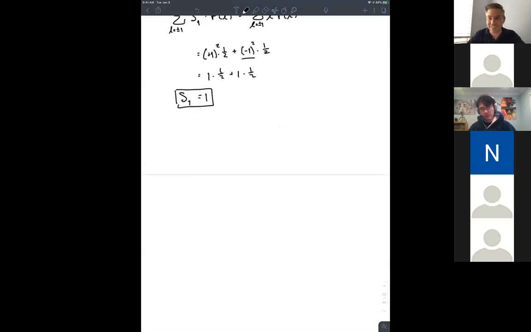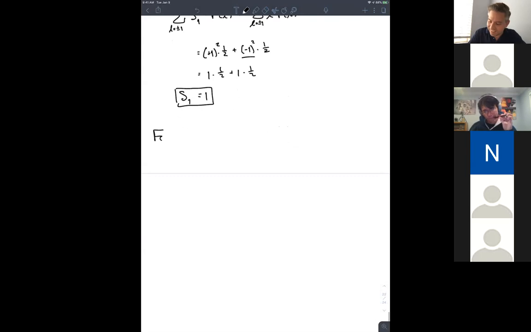So what are we going to do next? 2 coin flips. So now let's look at 2 coin flips. So for 2 flips, in other words, n equals 2. All right, so now what we want to calculate is the average of S sub 2 squared.